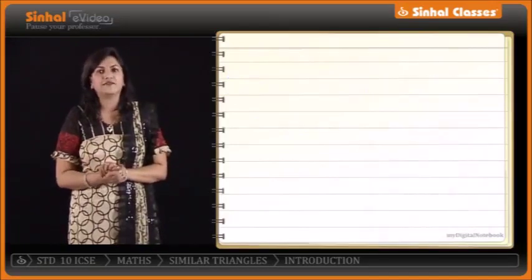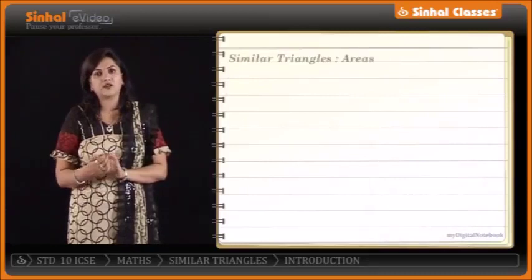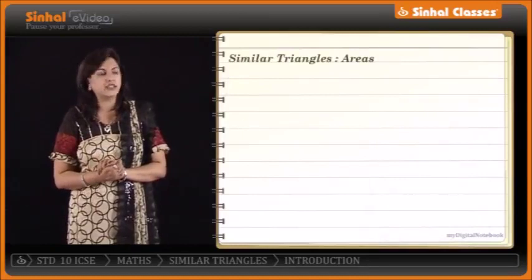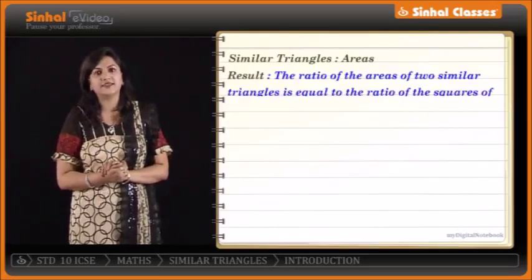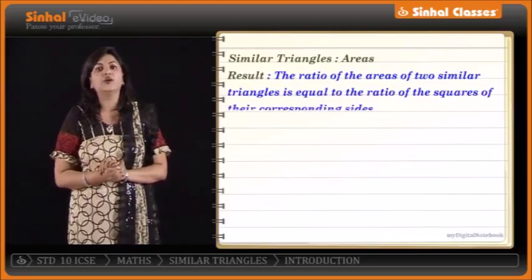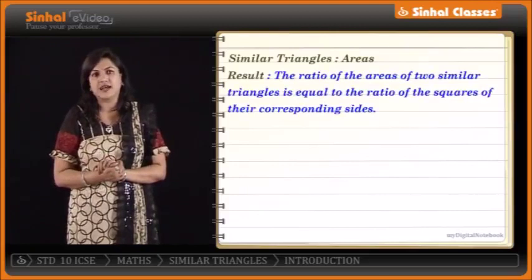Now we also have one more theorem here, that is the theorem on areas of similar triangles. The theorem says the ratio of the areas of two similar triangles is equal to the square of the ratios of the corresponding sides.